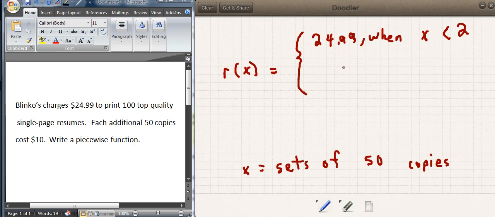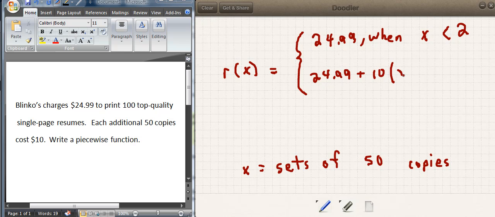What's going to happen if it's over 2? Well, it's going to be $24.99 plus, I believe it says it's going to be $10 each additional set of 50. So it's going to be 10 times the number of copies that are over the original set of 2.